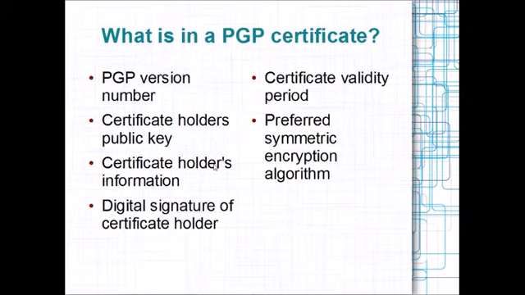This might be like the name or the ID of the organization. They'll have a digital signature of the certificate holder. They'll have the validity period of the certificate. So if the certificate's only valid for the next half a year, that will be recorded there. And then the preferred symmetric encryption algorithm.